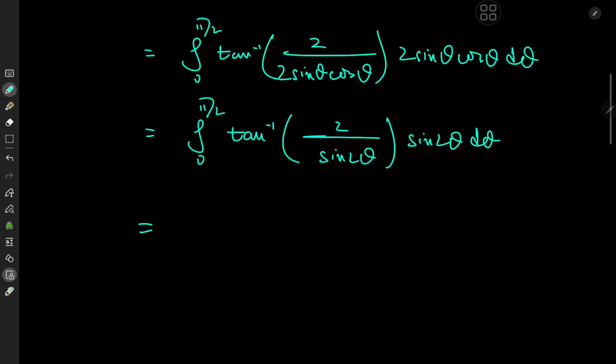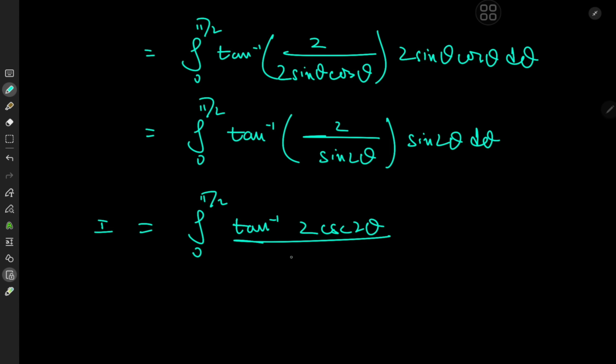And I'm going to rewrite this using the cosecant function. So we finally have I defined as the integral from 0 to pi over 2, terribly sorry about that, of arctangent of 2 cosecant 2 theta over, well, cosecant 2 theta d theta.